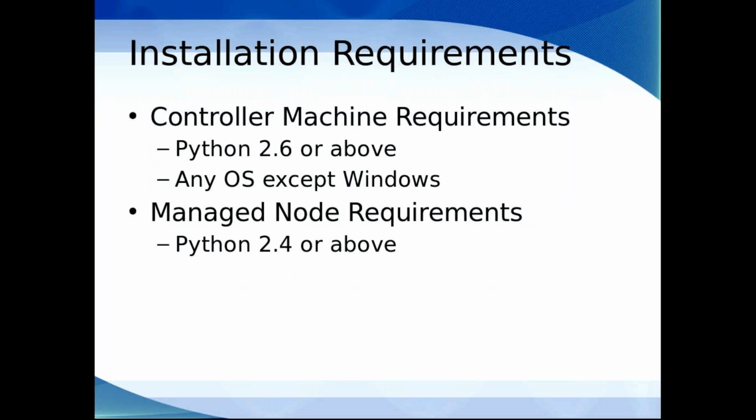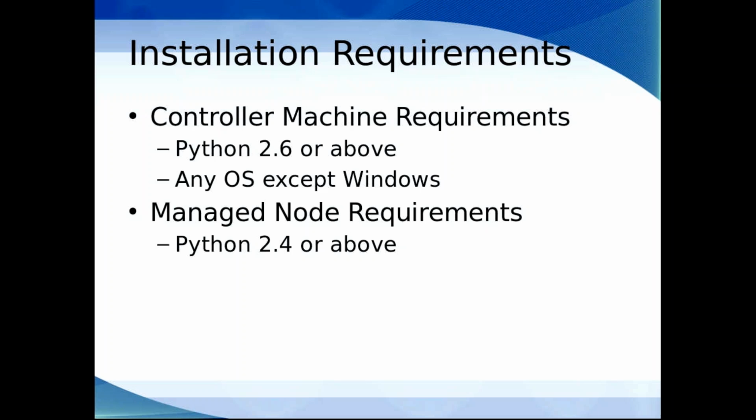Okay, and installation requirement. Ansible runs on top of Python. It was developed using Python. So you need to have, see, if I say controller machine, that is the Ansible main server. If I say node, that is a remote machine.